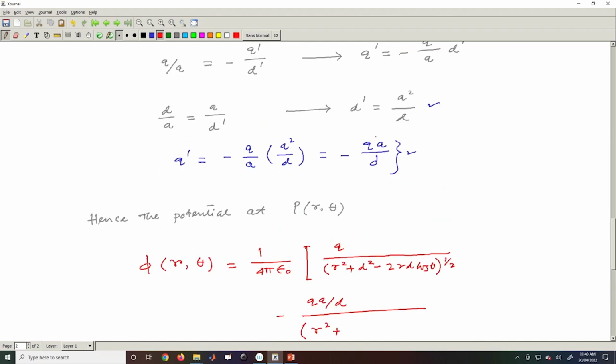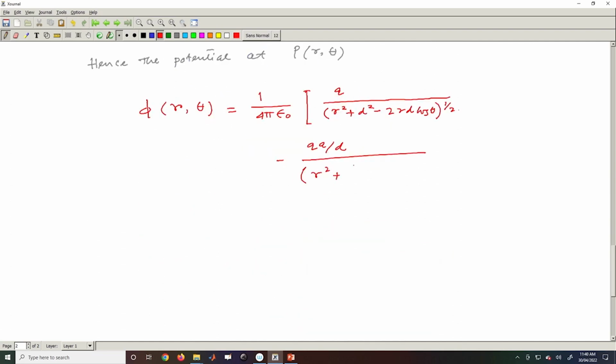So, I will put it here: a to the power 4 divided by d square, and then a minus sign, not plus, 2 r, and then a square divided by d, and cos theta, whole to the power half.